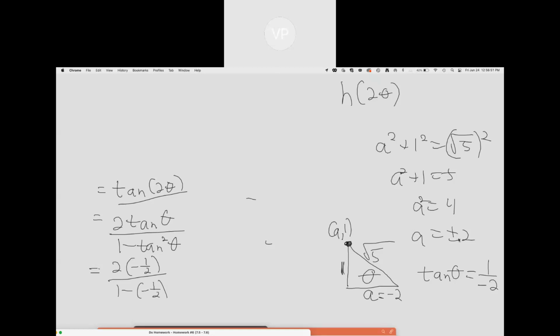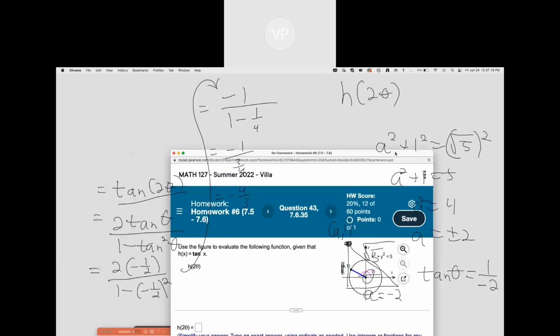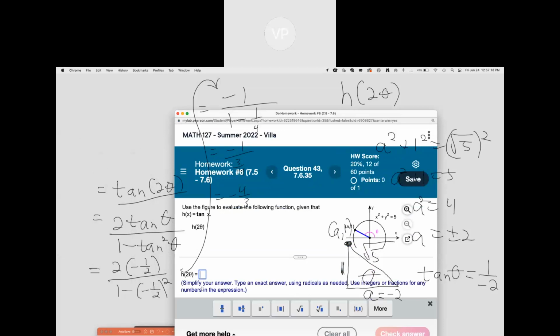We get 1 minus negative 1/2 squared. And then just keep cleaning this up a little bit. Negative 1 on top, 1 minus a 4th. Negative 1 over 3/4. And in the end, negative 4/3. Hopefully, that's our answer right there.